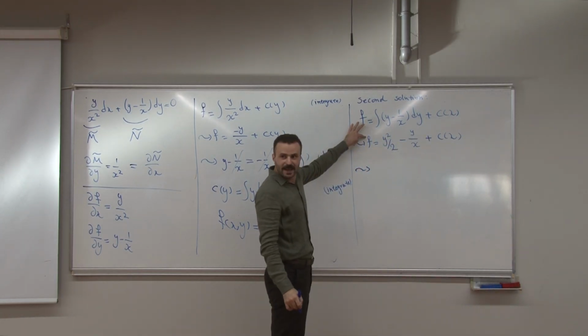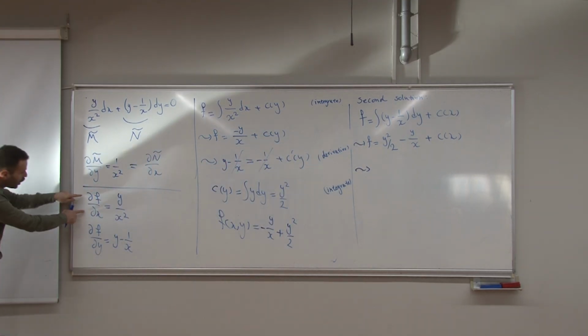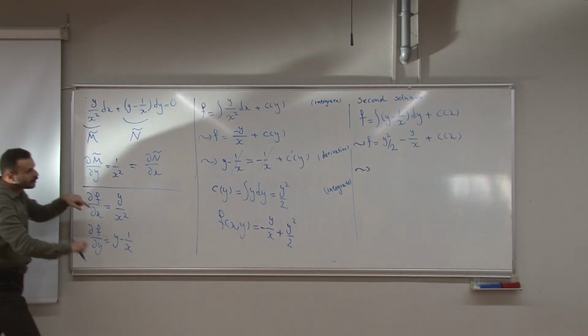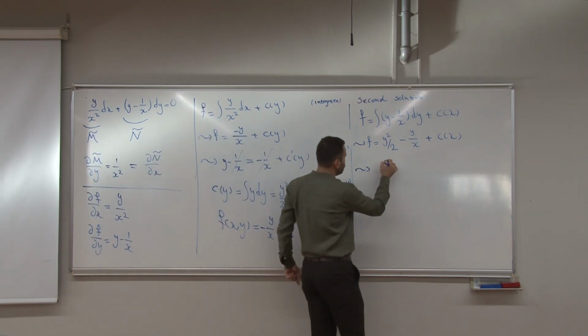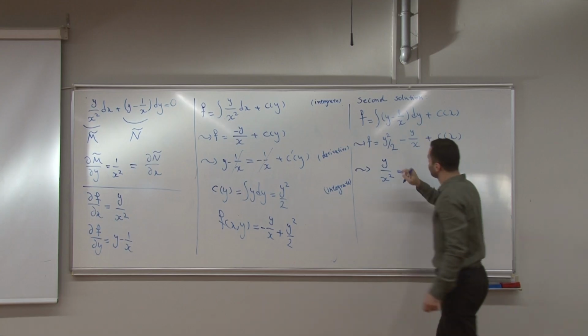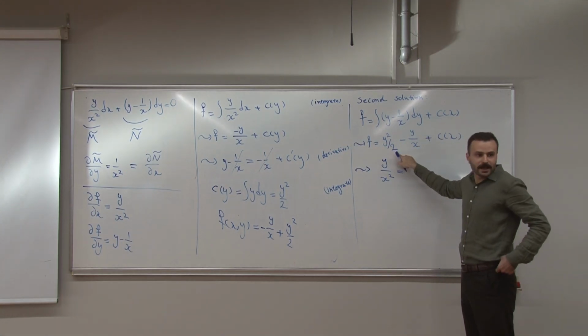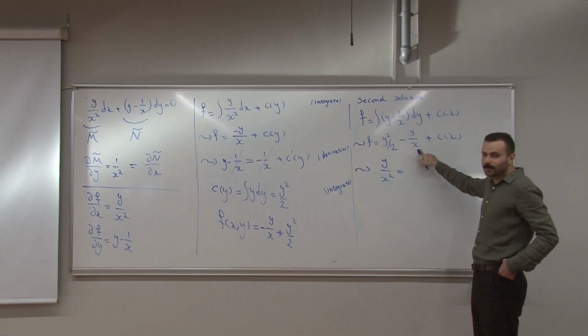What is the partial derivative of f with respect to x? Now I have it here: y divided by x squared equal to. If I take partial derivative of this expression with respect to x, it is 0. What about this?